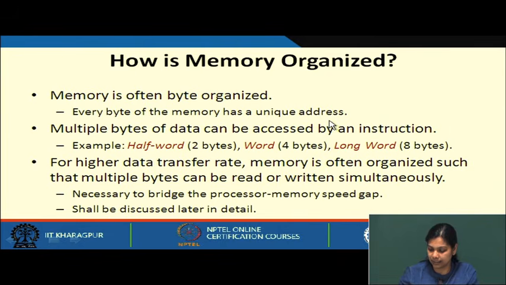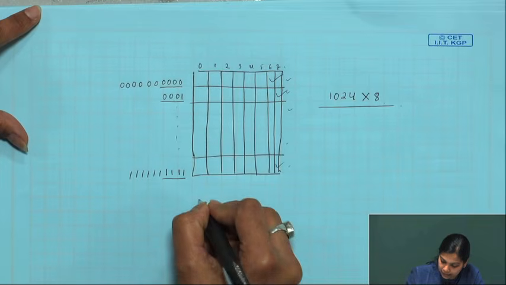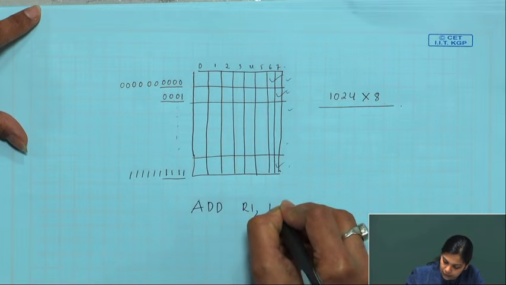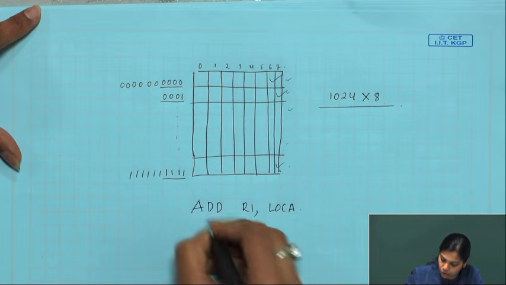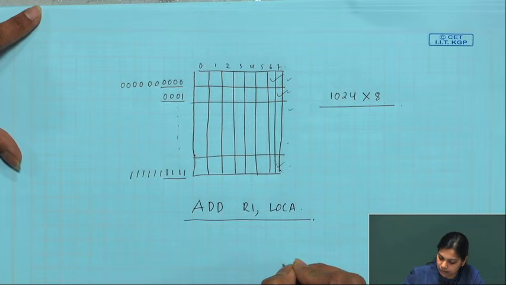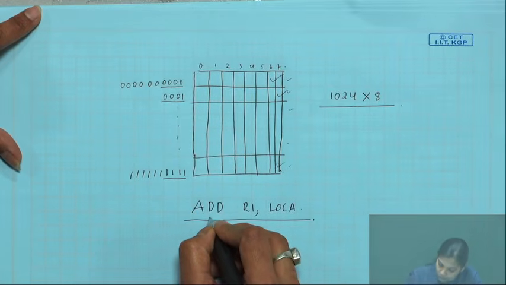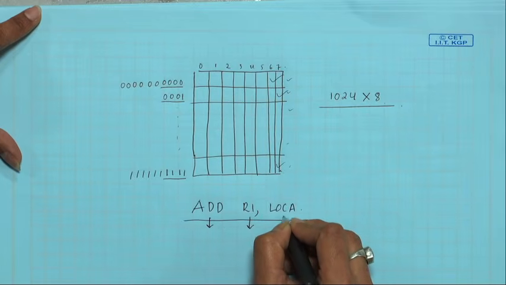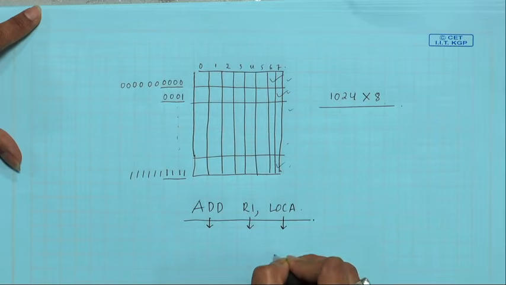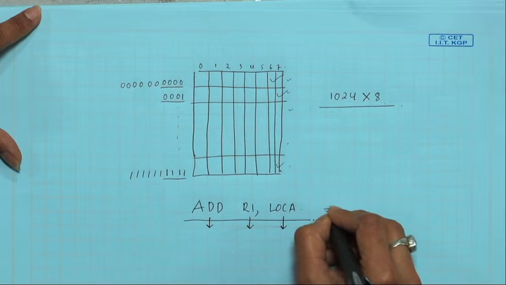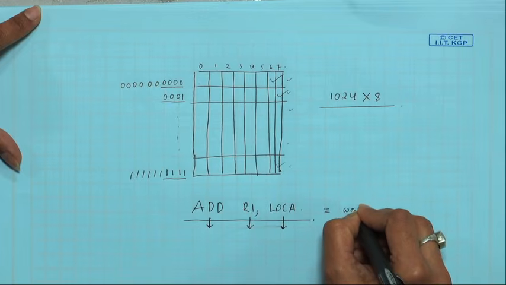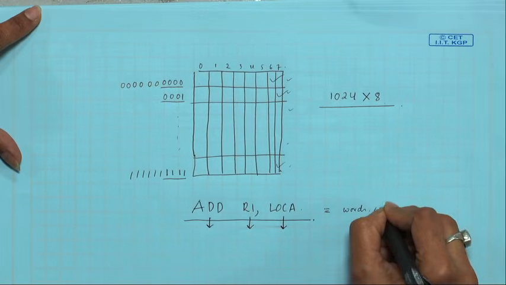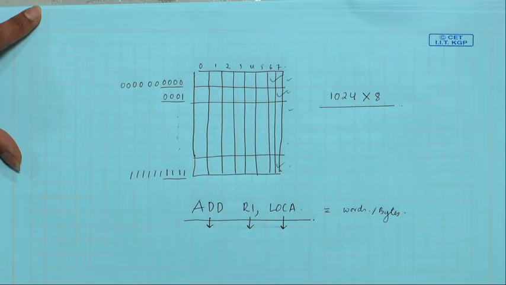I will just take an example, like ADD R1, LOCA. If you consider this instruction, it depends on how many bits the ADD opcode will have, how many bits this register will have, and how many bits this location will have. This will define how many words or how many bytes this instruction will have.